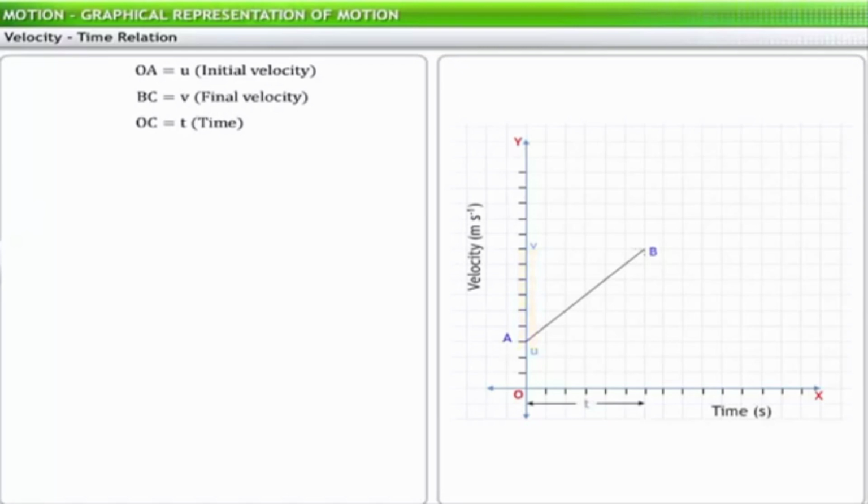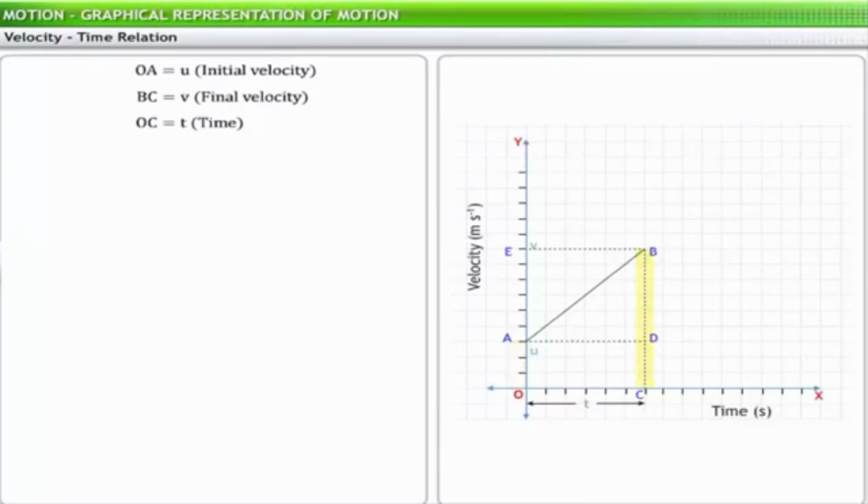From point B, draw two lines BC and BE perpendicular to the x-axis and the y-axis respectively. From point A, draw a line AD parallel to the x-axis to intersect BC at D. Now, OA represents the initial velocity u.